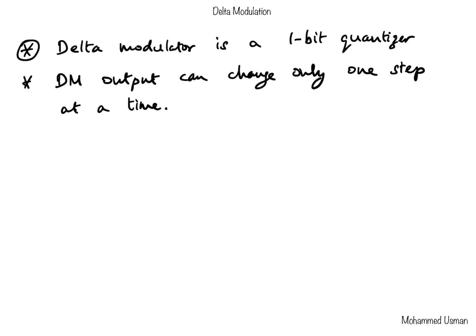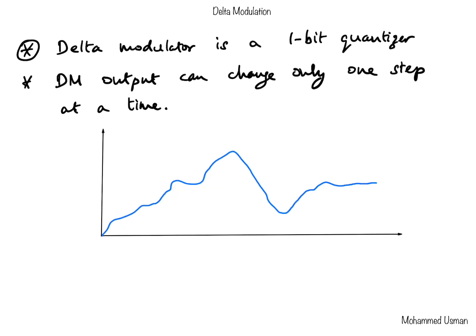Okay, and let me illustrate that. What we mean by DM being a one-bit quantizer, or it can change only one step at a time, is that suppose the first sample value has a quantization level here. The quantized value of the next sample is here, the next step has to be here, and the next step here, and then it will go up here, and so on.